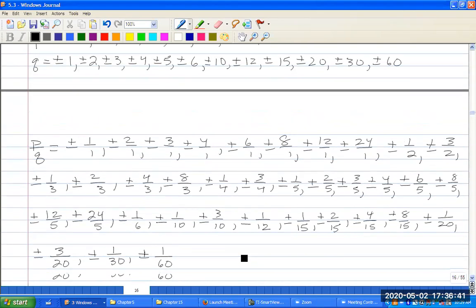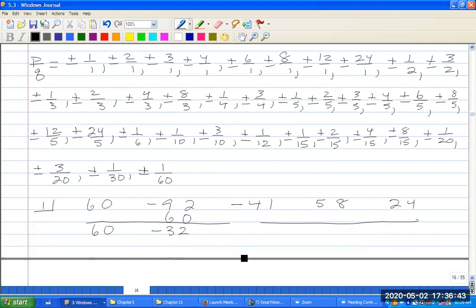So 1 times minus 32 is minus 32. So you get a minus 73, which is 15. Which is 9.